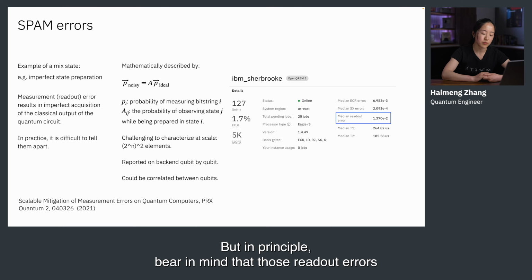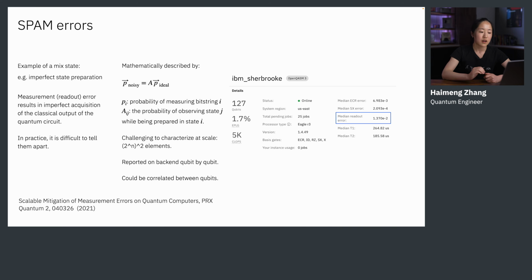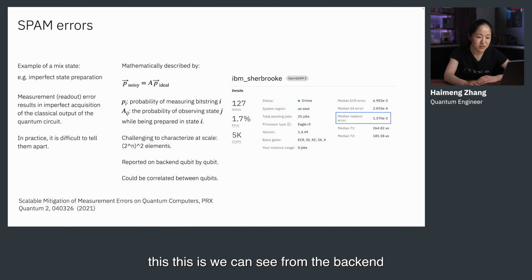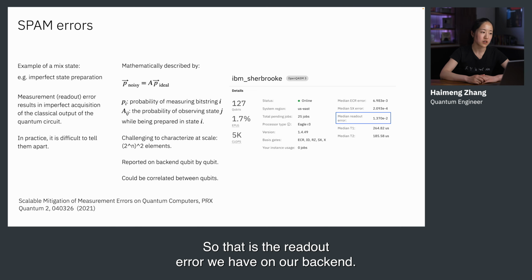But in principle, bear in mind that those readout errors and state preparation errors could also be correlated. So with that, we can see from the backend that the typical readout error is on the order of 10 to the minus 2. So that is the readout error we have on our backend.